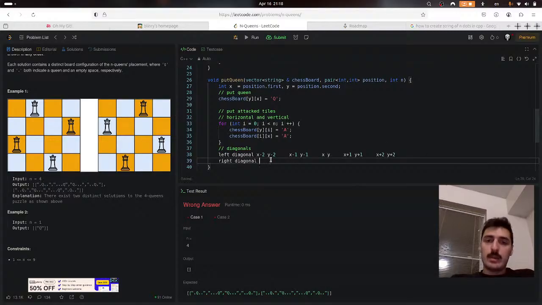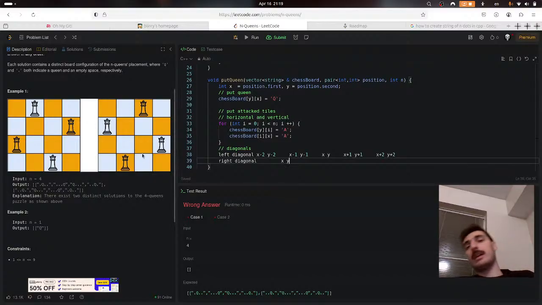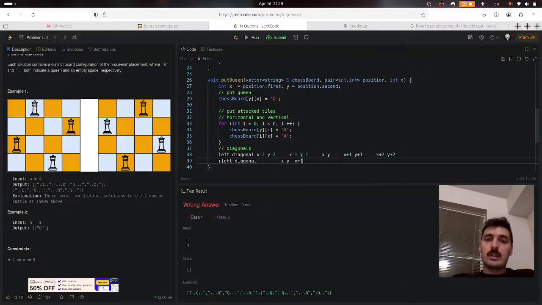We have x and y, and the y is decrementing, but the x is increasing. So x plus 1 and y minus 1. And the next is going to be x plus 2, y minus 2.